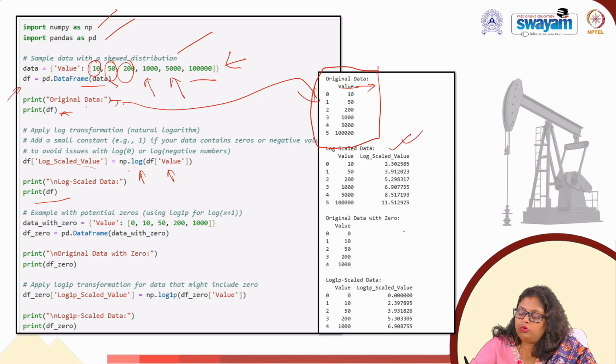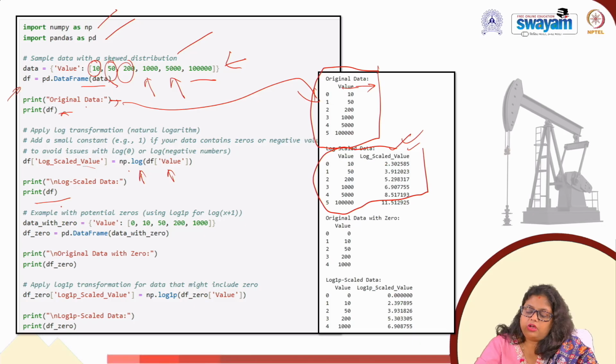So now you can see the result: log_scaled_value is np.log(df['value']). Once df gets printed, it has the column added, that is log_scaled_value. This is the one scenario.